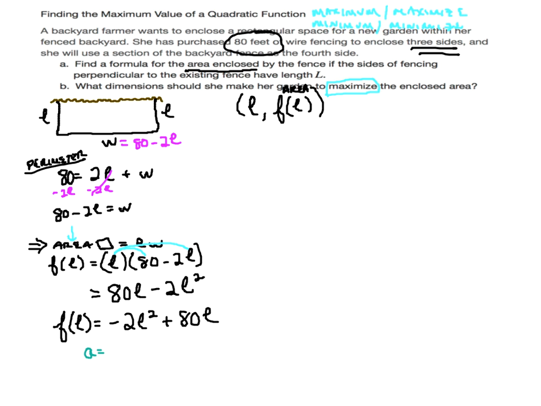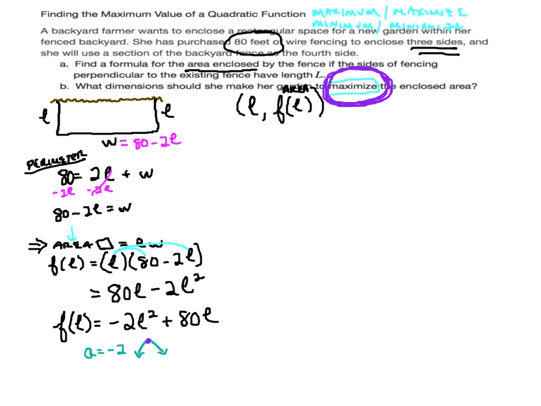Now, let me point something out to you. Notice my A value here, not my area, but my A from AX squared plus BX plus C, is negative 2. That thing is opening downward. So when I find my vertex, I am finding the maximum area.